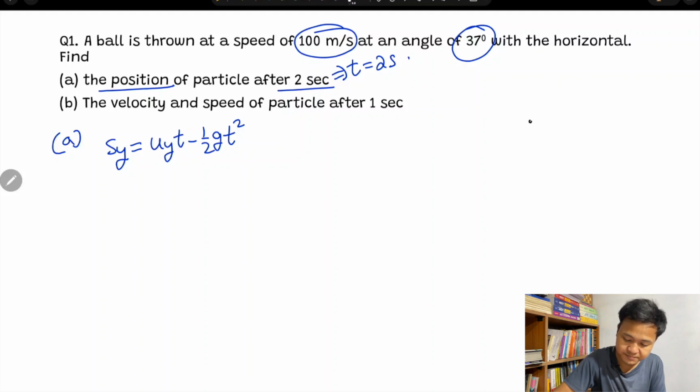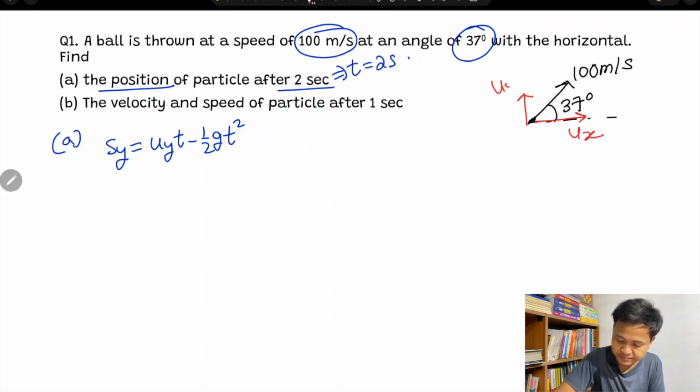Let's say the particle is projected at 100 meters per second, making an angle of 37 with the horizontal. So I can write ux here and uy here. ux is 100 cos 37.